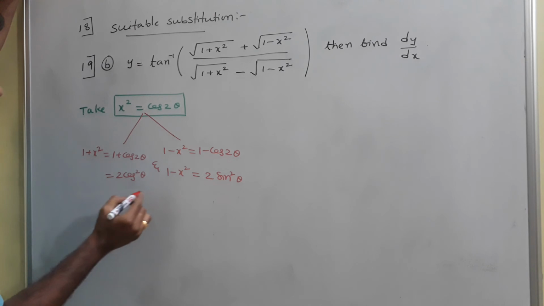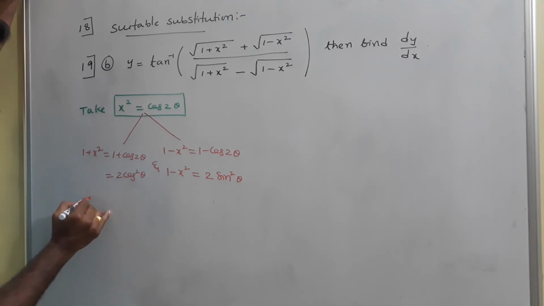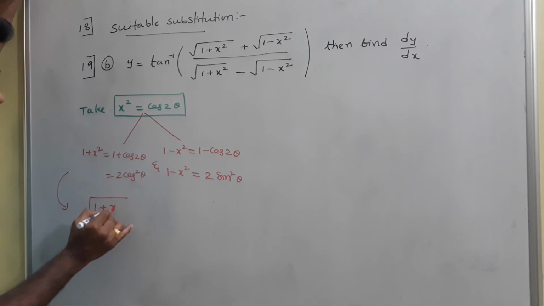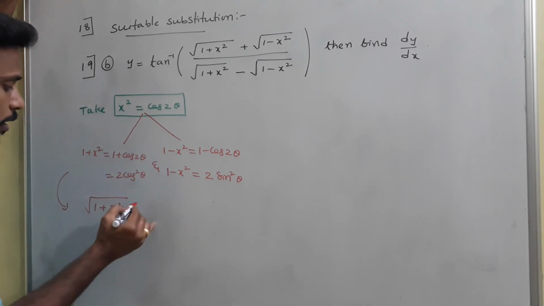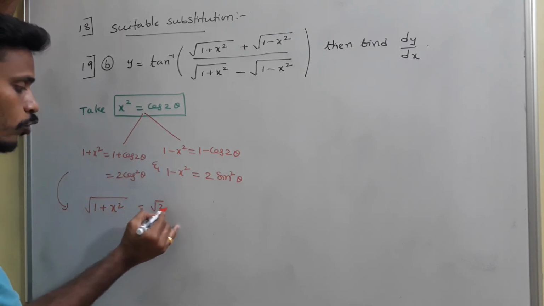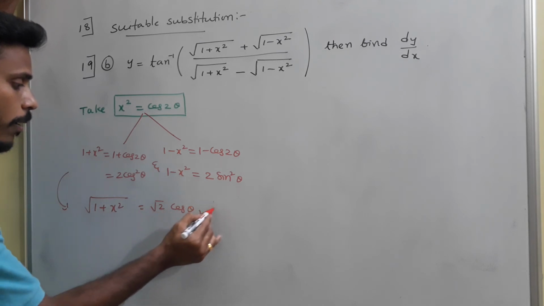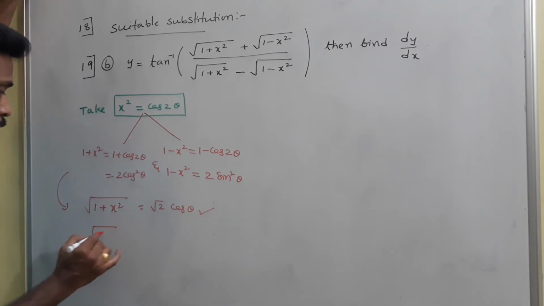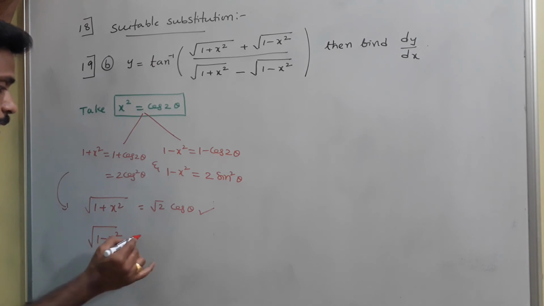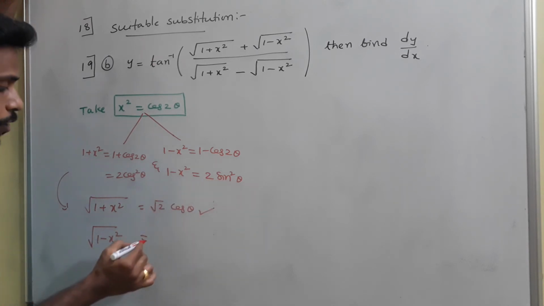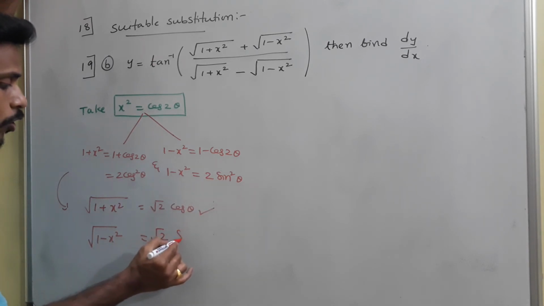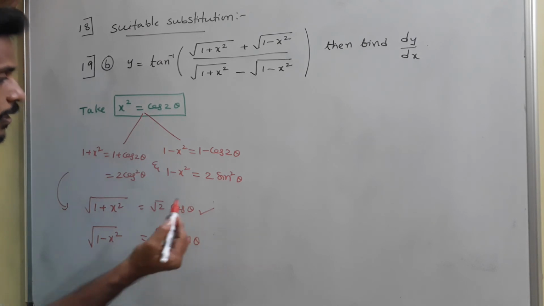So from this, what do we have? Root of 1 plus x square is the root of 2 cos square theta, which is nothing but root 2 cos theta. And then root of 1 minus x square is simply the root of 2 sin square theta, nothing but root 2 sin theta.